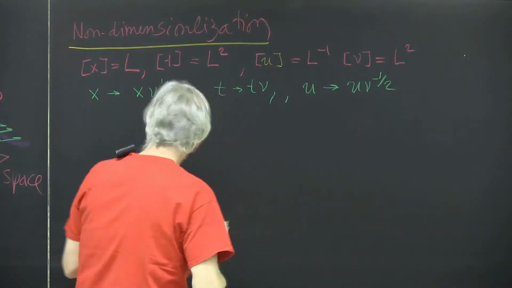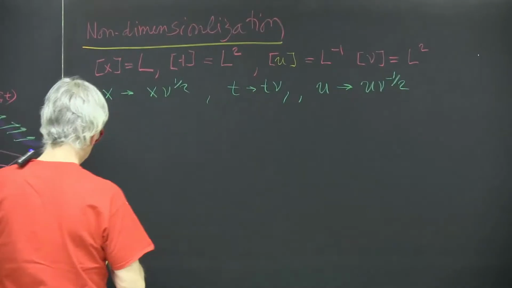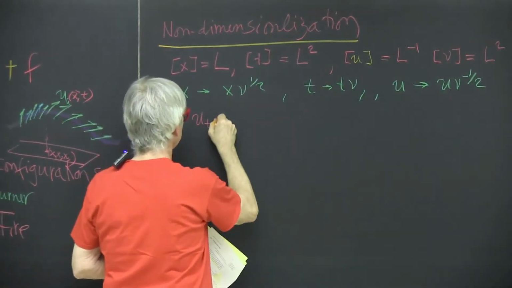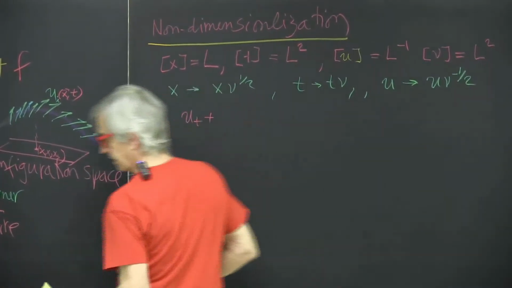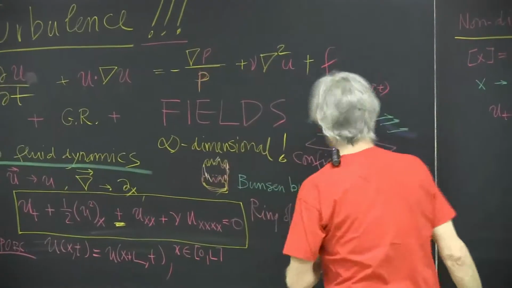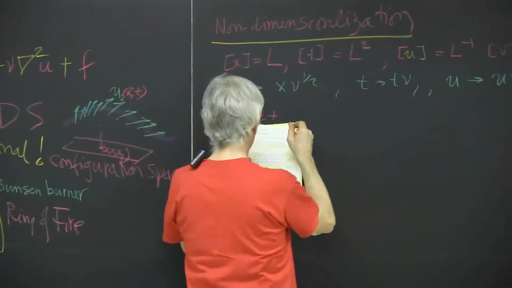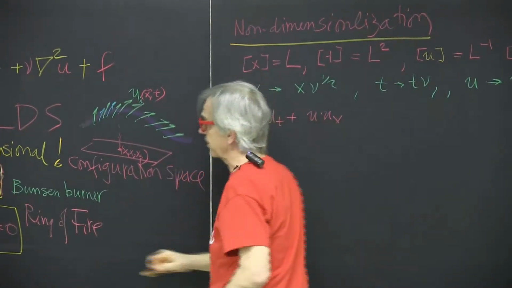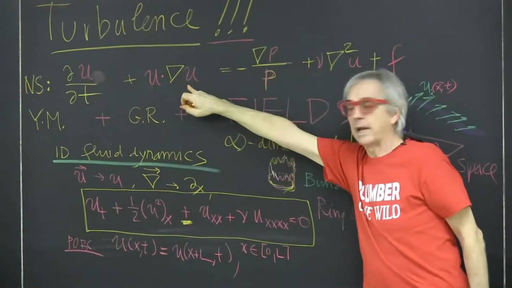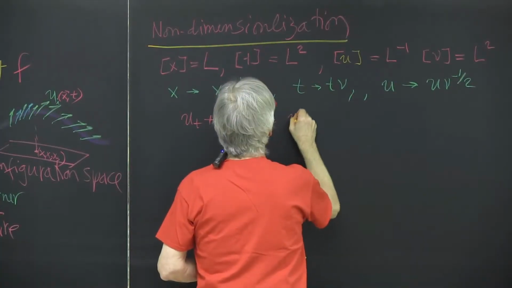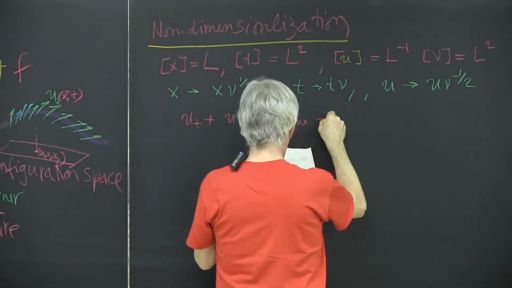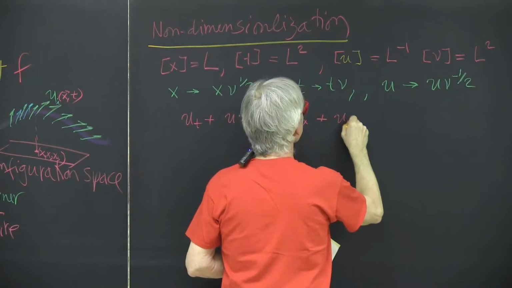And after you have done this, the equation will have a form which is actually a rather elegant form. It'll look like u_t plus, I'll expand this derivative, just looks nicer that way, u u_x, that's the same as the gradient term in the convective term here, plus the Laplacian of your field plus the Laplacian squared.